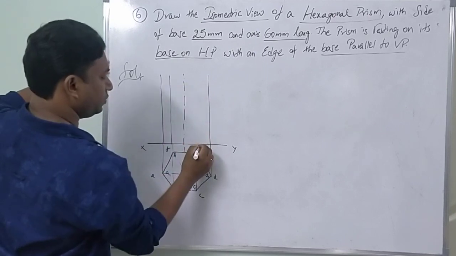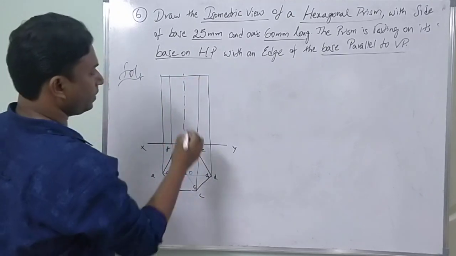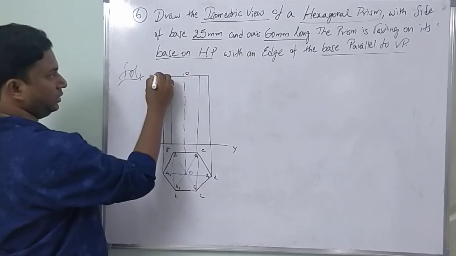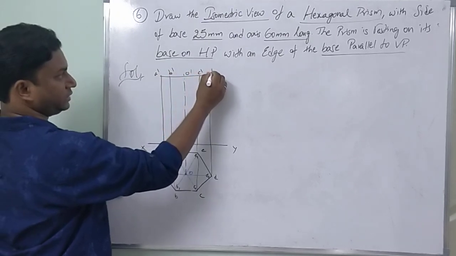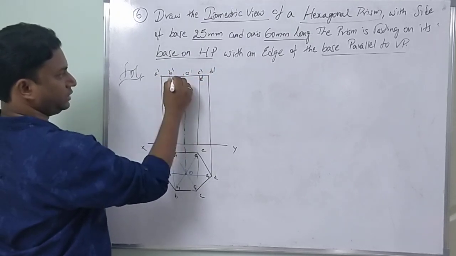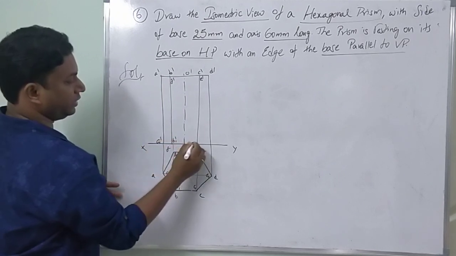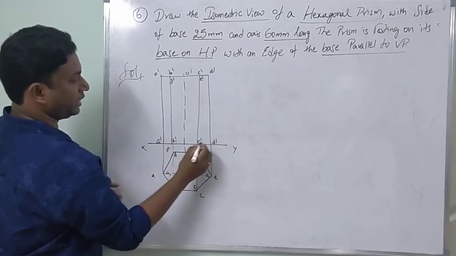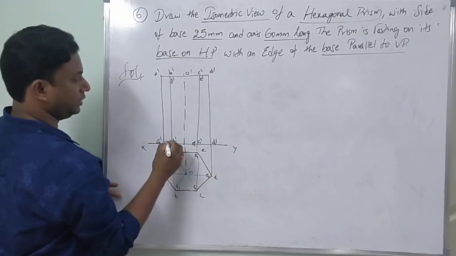First of all, you are supposed to label the projections: O dash, A dash, B dash, C dash, D dash, E dash, F dash, A1 dash, B1 dash, C1 dash, D1 dash, E1 dash, F1 dash.